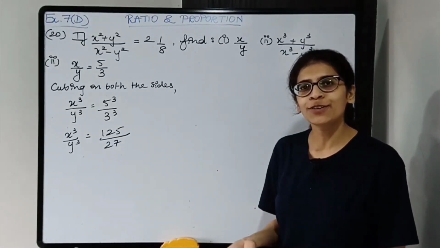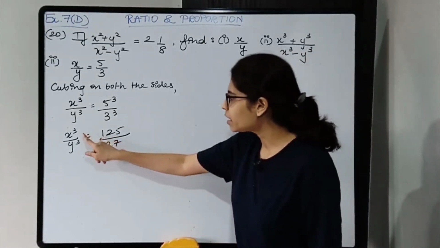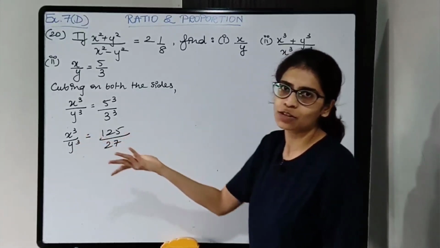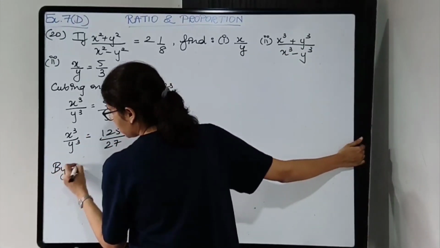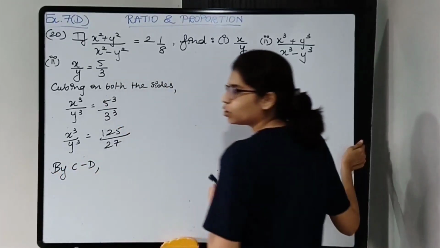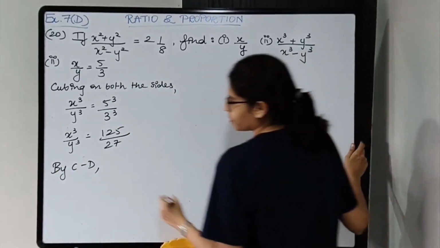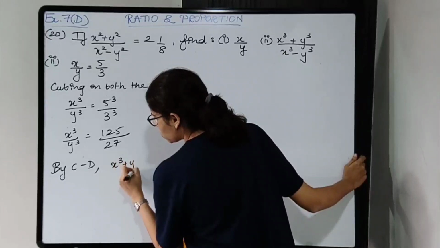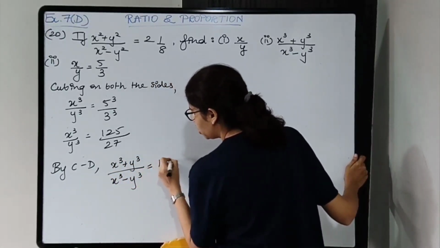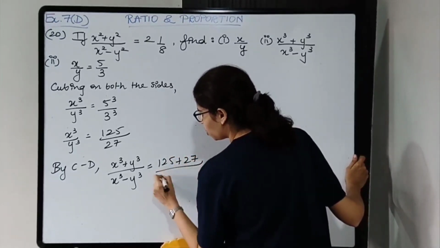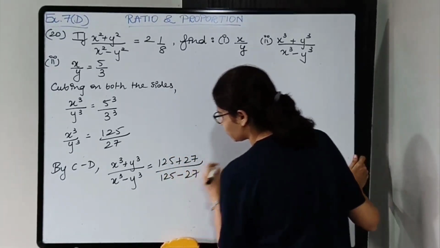Now applying componendo dividendo. It will be numerator plus denominator upon numerator minus denominator. Same thing in RHS. So by componendo dividendo you write the full thing, okay? (x cube plus y cube) upon (x cube minus y cube) is equal to (125 plus 27) upon (125 minus 27).